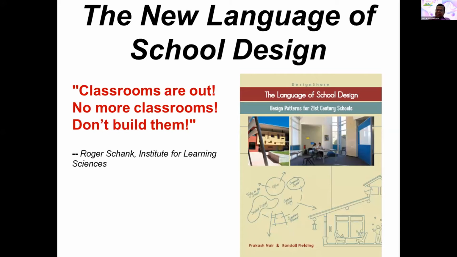Therefore, the first question here is whether the existing classrooms, existing learning spaces are able to promote or nurture these three important E's: the engagement, the enjoyment, and the empowerment.